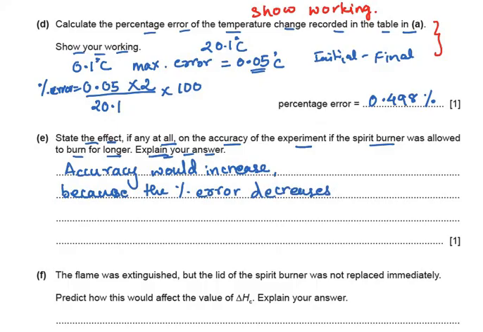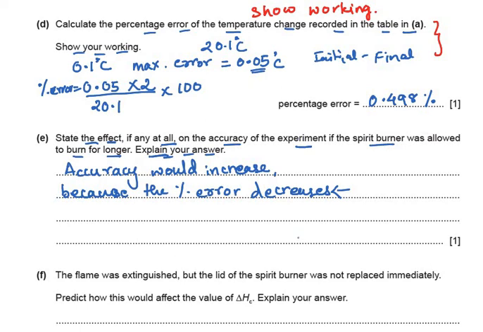And the reason for this percentage error, which we don't need to explain here, but just for your understanding, let me explain why the percentage error decreases. The main point here is that the bigger our reading is, the bigger part of the calculation we are using, the percentage error will decrease.